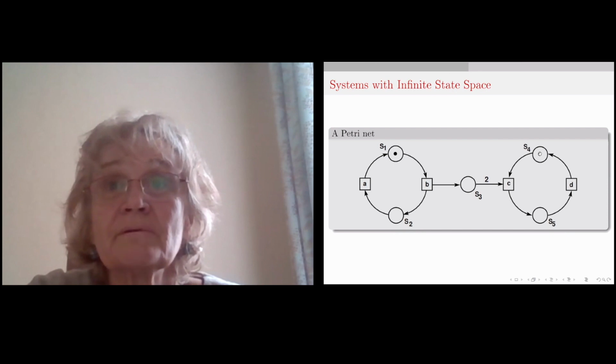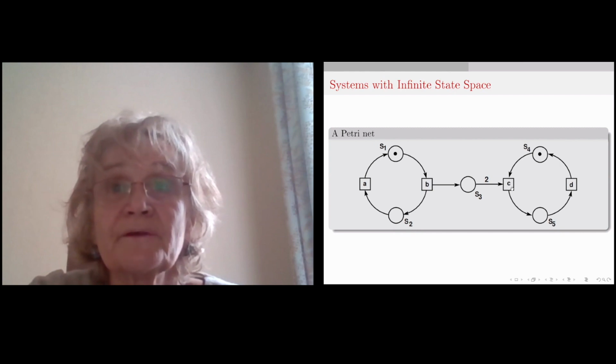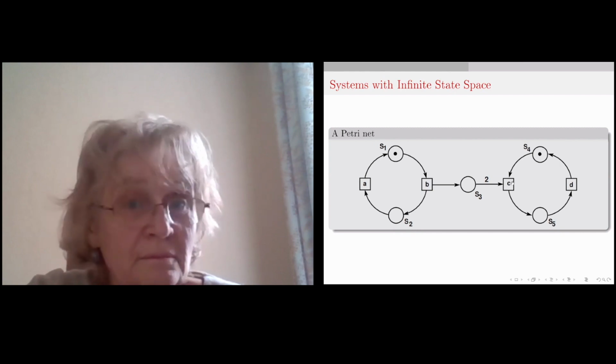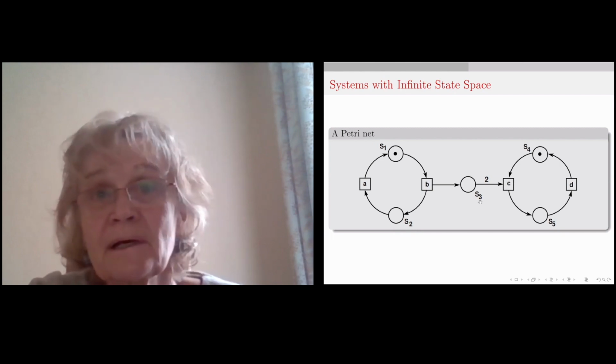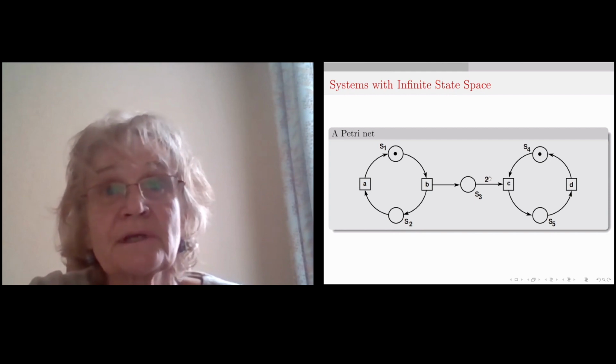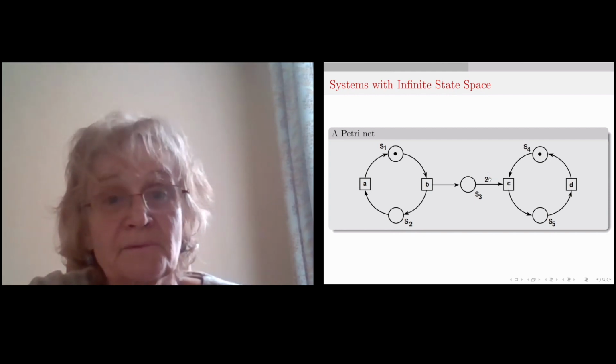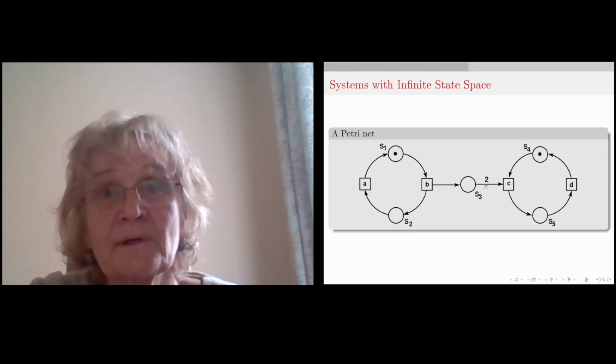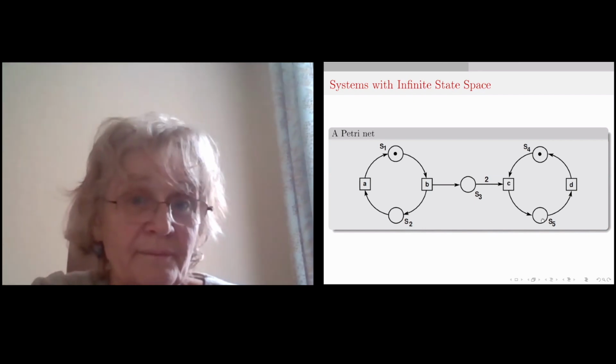If now he's in this local state S4, to fire C, to consume this item, he takes two items simultaneously. He waits until there are two tokens, and then takes two tokens and switches to S5.